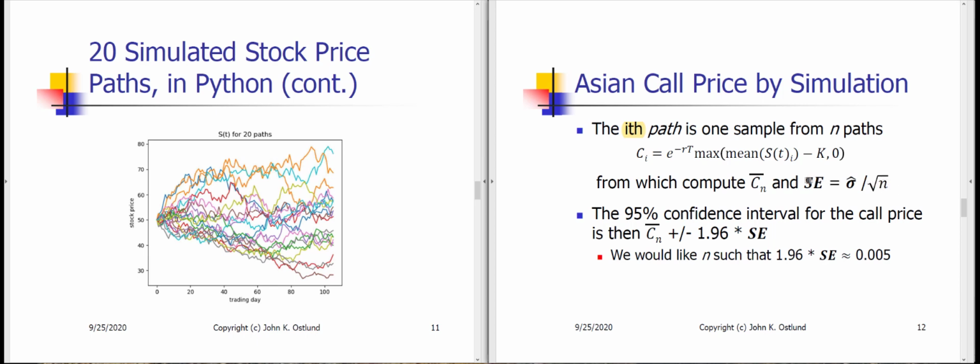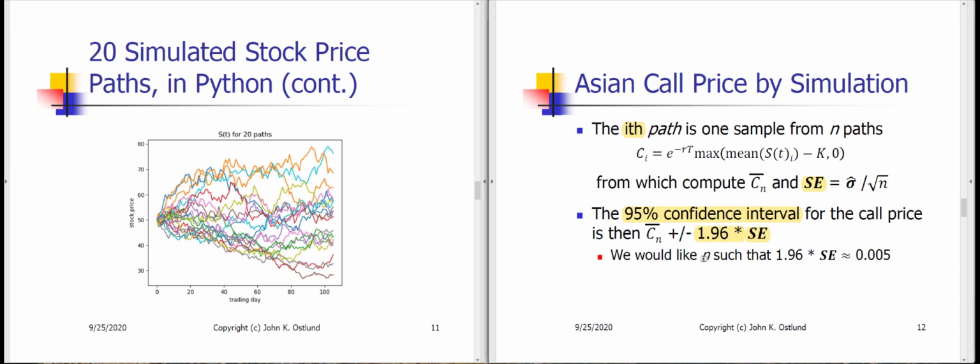So once we have that standard error, the 95% confidence interval around the mean of the call prices is going to be plus or minus 1.96 times the standard error. If n is small, that's going to be wide, and the larger n gets, the narrower that will get.